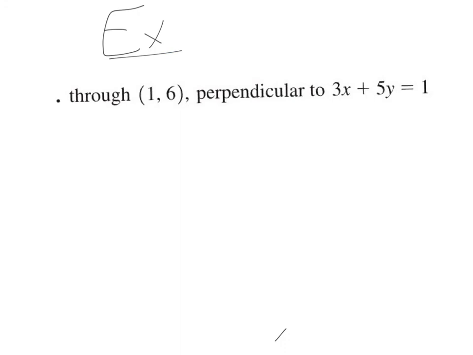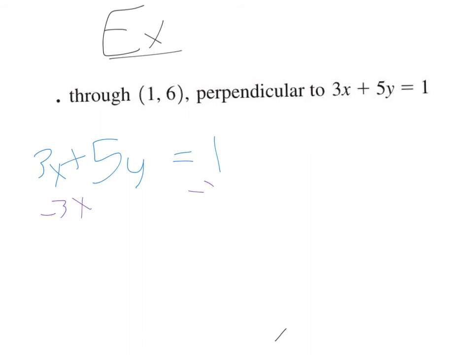Alright, here's another example of finding the equation of a line. Find the equation of the line that goes through this point (1, 6) and is perpendicular to 3x plus 5y equals 1. I'd recommend starting off by finding the slope of this line, get it into y equals, slope-intercept form.